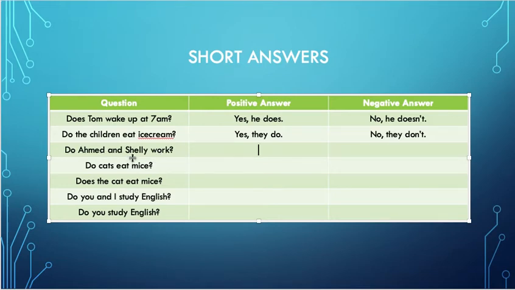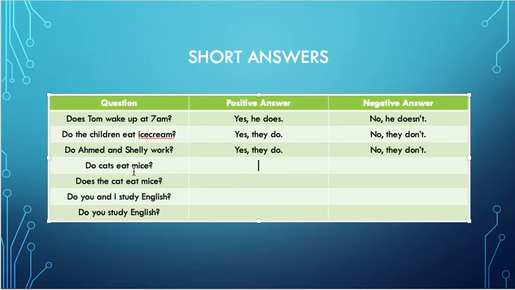Now, how many people here? Not one person, but 2 people. So many people, so we say yes, they. They, because many people. Yes, they do. Or no, they don't.